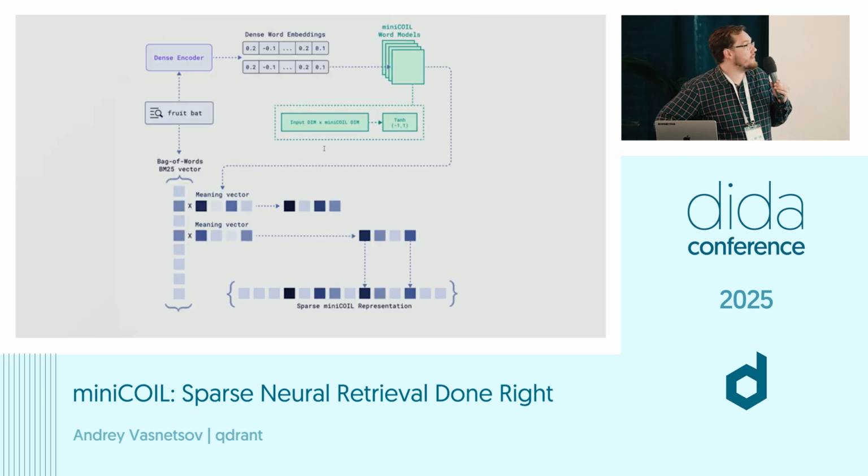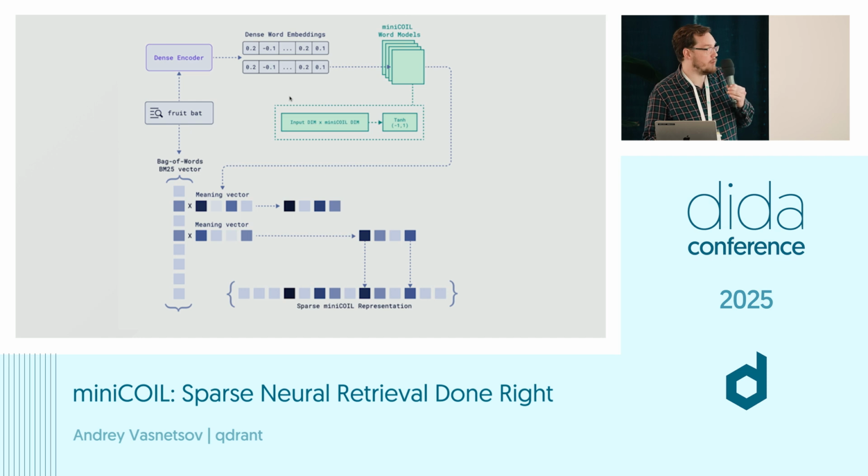And this is basically the same thing altogether. We have a dense encoder which converts this dense representation. We then pass this dense representation into our head layer. And this head layer converts a bag of words into a 4D bag of words with a miniCOIL representation inside it. Again, important thing to notice here is that we do have a dense inference as a part of the process.